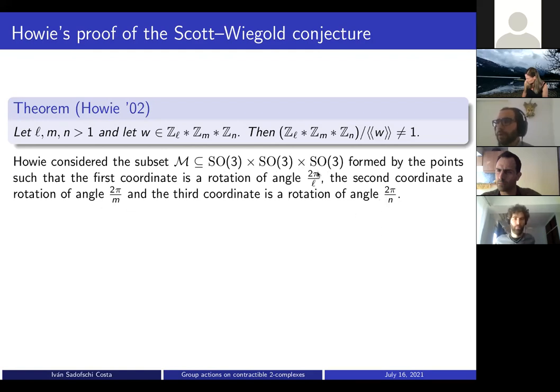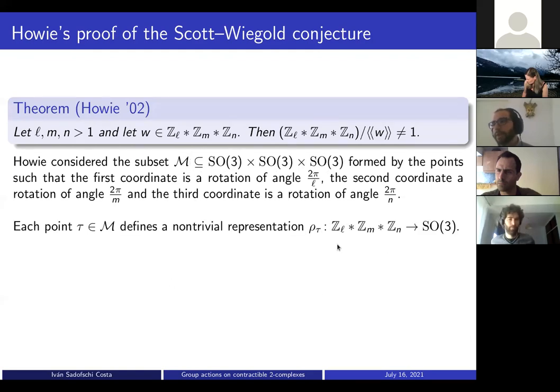So each point in this space gives a non-trivial representation of this free product on SO3, because we simply send a generator of each of these cyclic groups to the corresponding rotations.